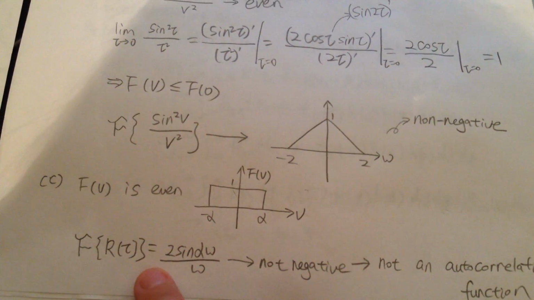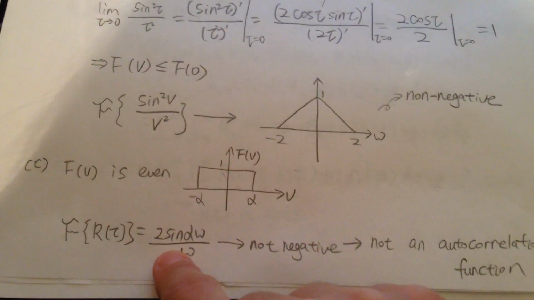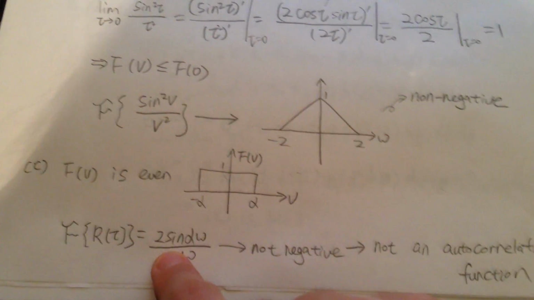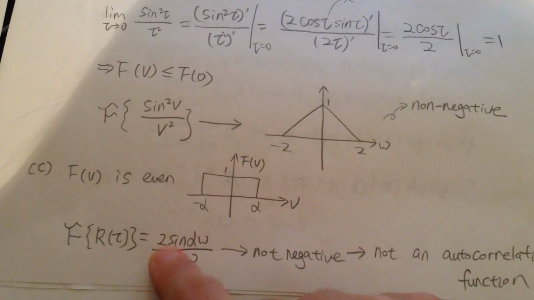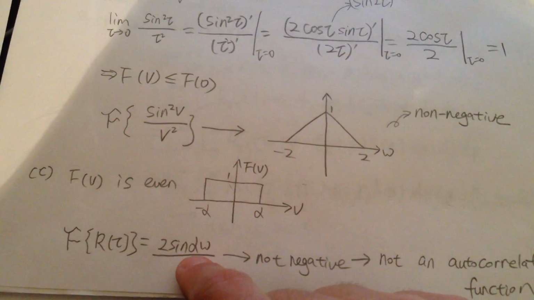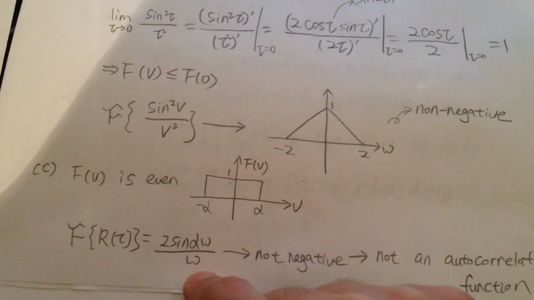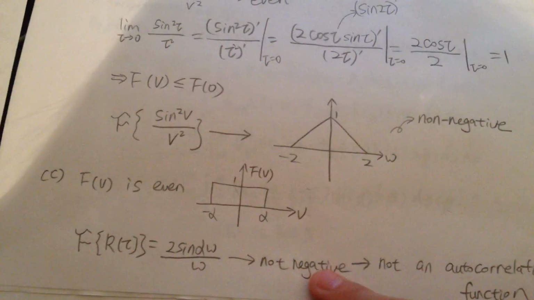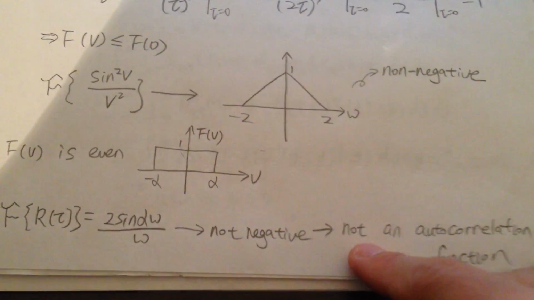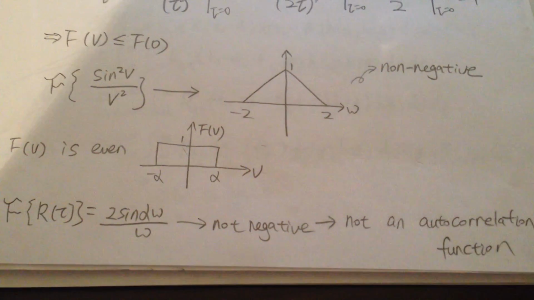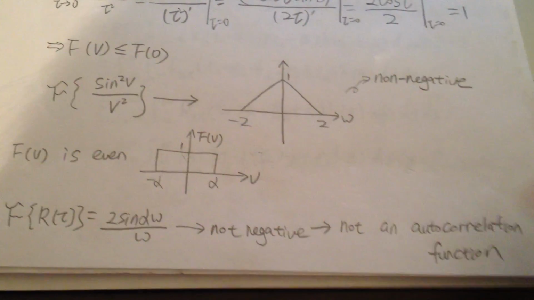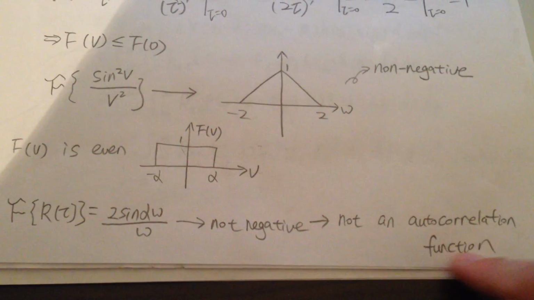And the Fourier transform of R of tau should equal 2 times sine alpha omega divided by omega. Clearly, it's not non-negative, so it's not an autocorrelation function.